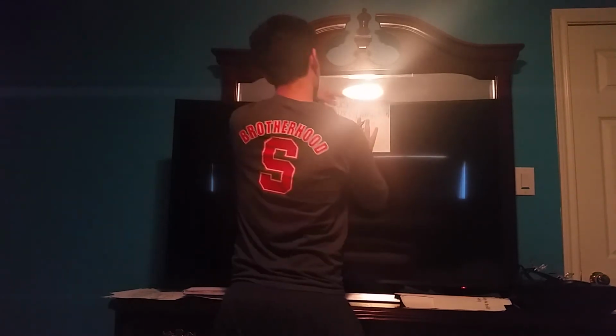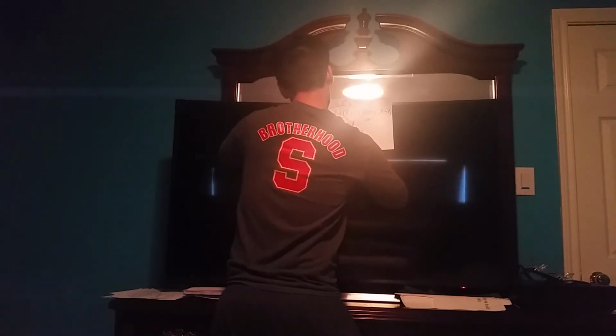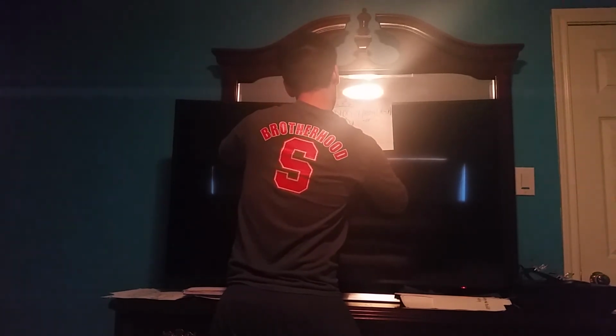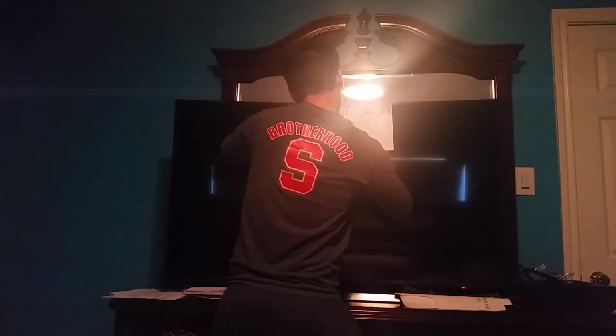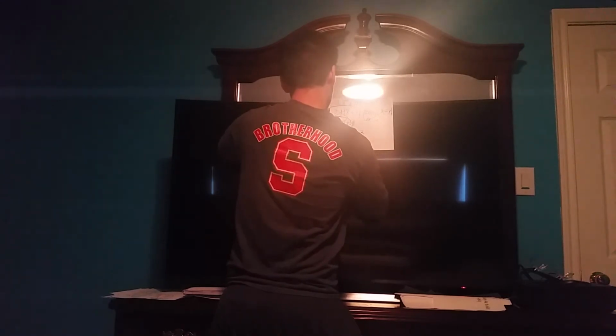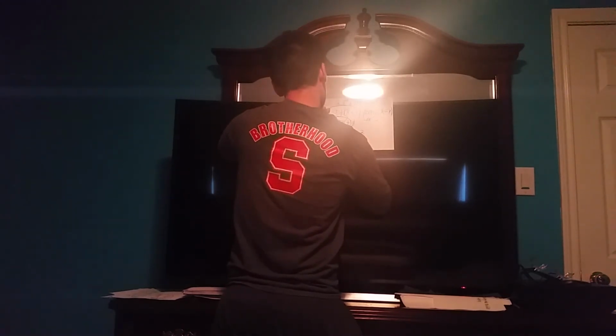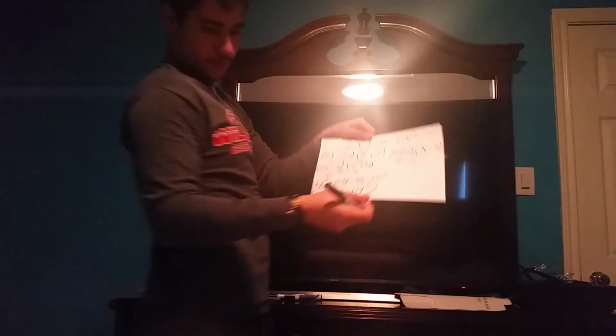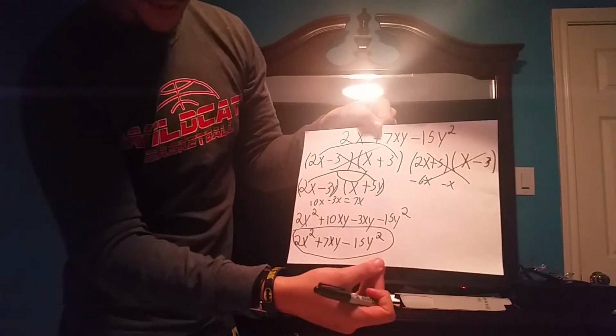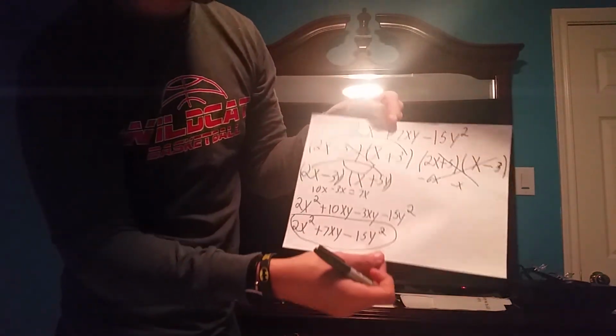Because there's two y's, combined like terms: 2x squared plus 7xy minus 15y squared. And that gives us our answer. 2x squared plus 7xy minus 15y squared.